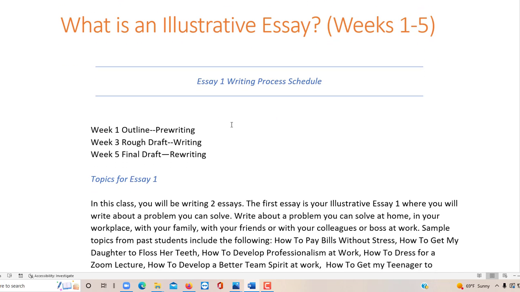And so in an illustrative essay, we just want to write a claim, and then we back up our claim with credible evidence. In other words, we illustrate the main idea with either our reasons or our solutions. So another name for the illustrative essay is the example essay, exemplification essay, or descriptive essay.